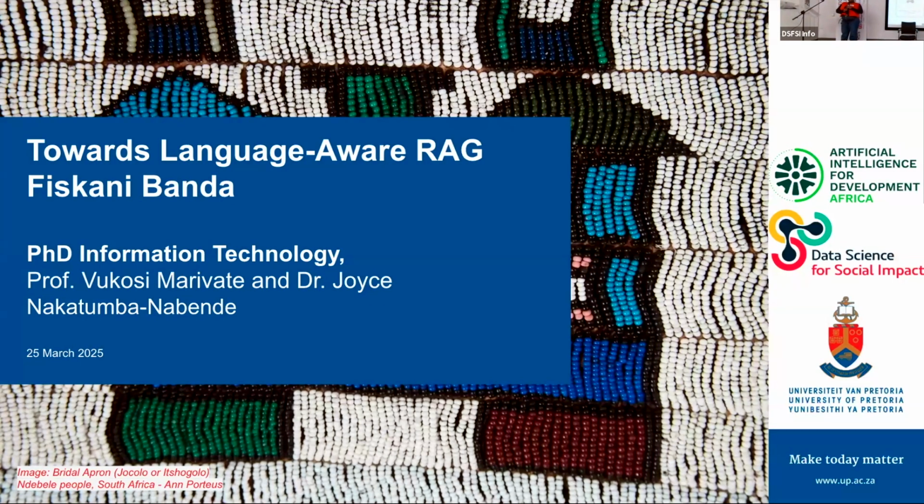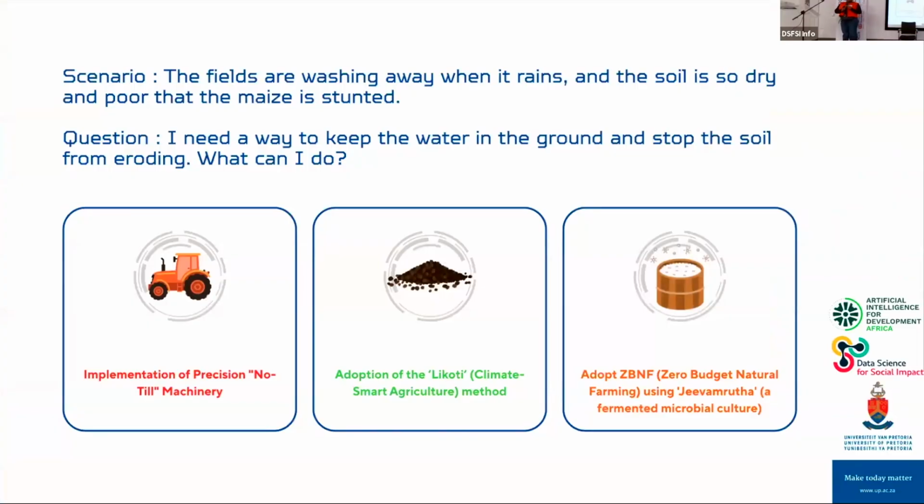Given a simple scenario, recently we have been experiencing a lot of rain, which can cause fields to erode and also cause the soil to dry out. In such an instance, when you're growing crops, your crops can be stunted. Given such a scenario, one can use an AI tool to ask the question, what can I do to ensure that my crop grows, or how do I prevent the soil from eroding?